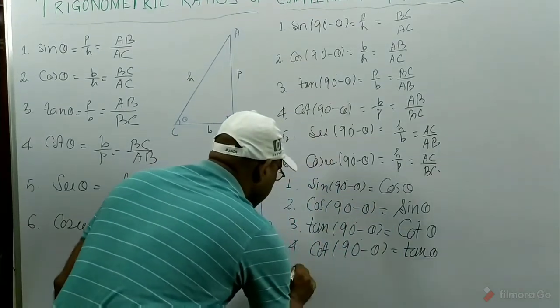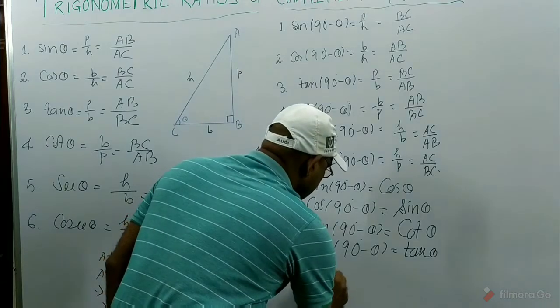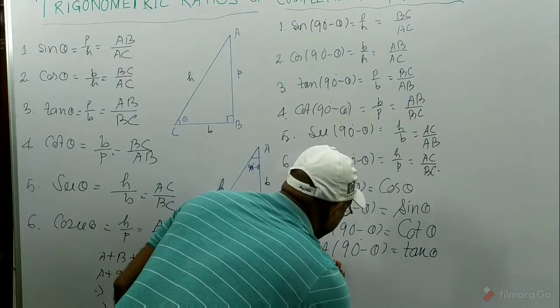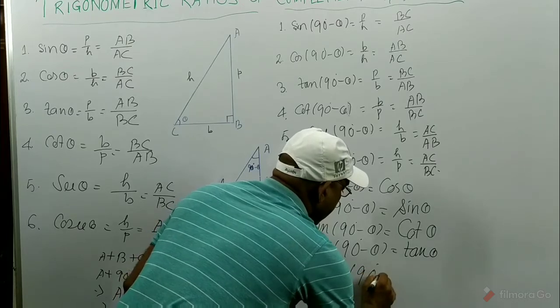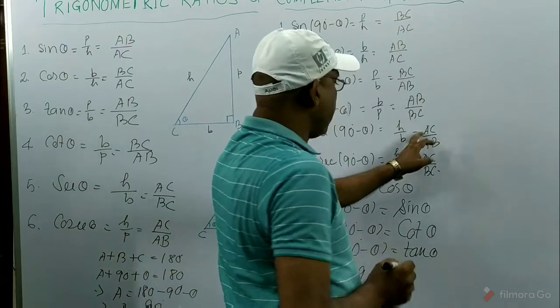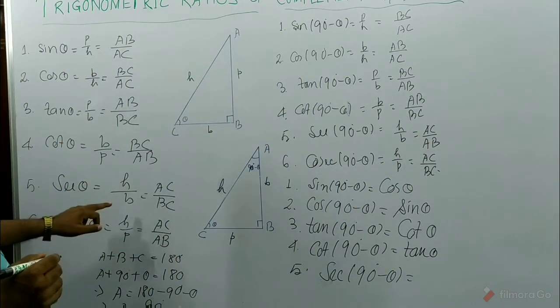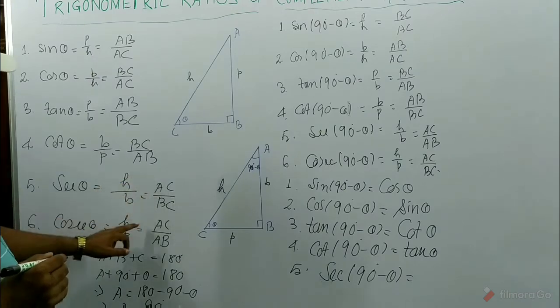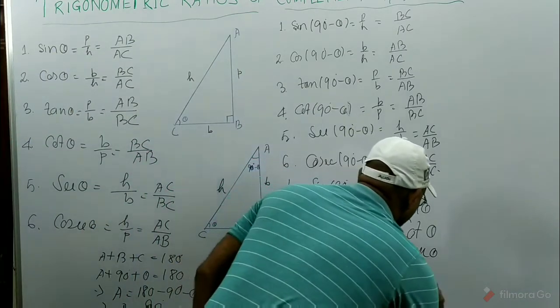Number 5, sec 90 degrees minus theta is AC by AB, and AC by AB means cosec theta. So we get cosec theta.